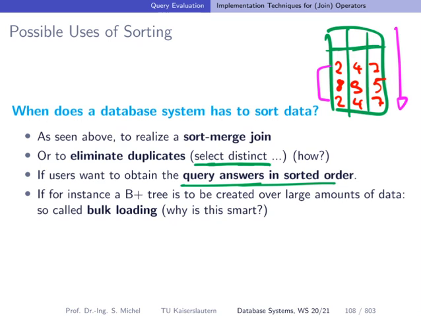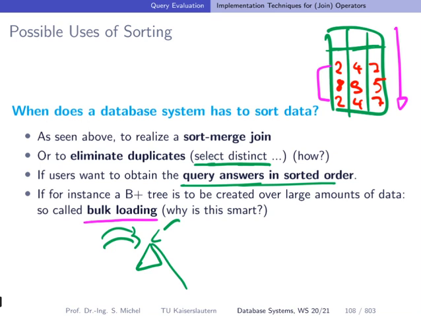Another, maybe not so obvious case is bulk loading. Let's say you have 1 million or several million tuples, and someone gives you this data, and you want to put it into the database. Okay, you put it in a table, but now you want to create a B+ tree over that. If you have 1 million or several million or even tens of thousands of tuples, and you want to insert them into a B+ tree, if you have a tree which is initially empty, and you're always calling insert, insert, insert, and so on, of course, this works somehow.